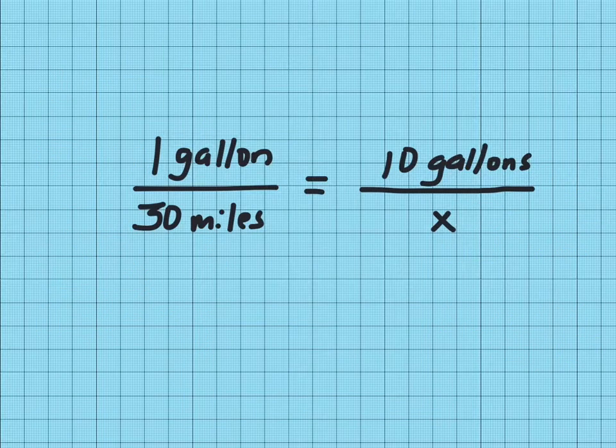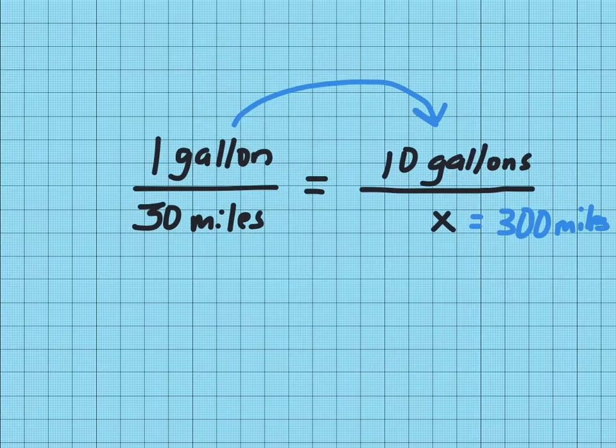Keep in mind that this all ties back to solving a proportion. If for every 1 gallon I can go 30 miles, then in 10 gallons we said that we would go 300 miles. If you write it as a proportion and keep the units consistent, 1 scaled up by a factor of 10 means that 30 also has to be scaled up by a factor of 10, so that 30 times 10 is 300.